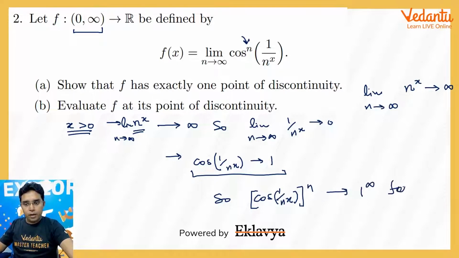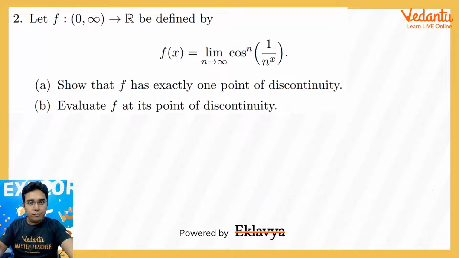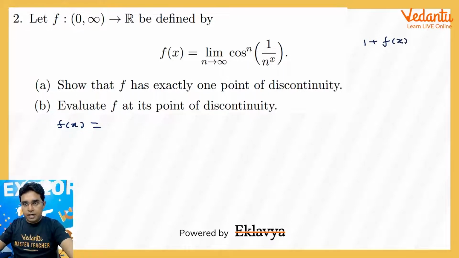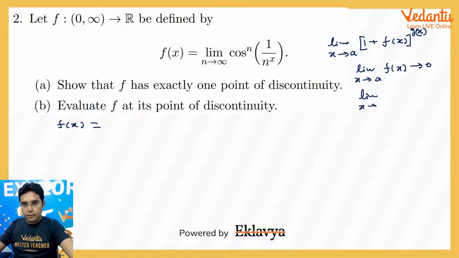Now to solve this 1 power infinity form, we can use one very standard case. If you remember, let me remind you: 1 plus f(x), raised to the power g(x), for x approaches a, where f(x) approaches 0 and g(x) approaches infinity.